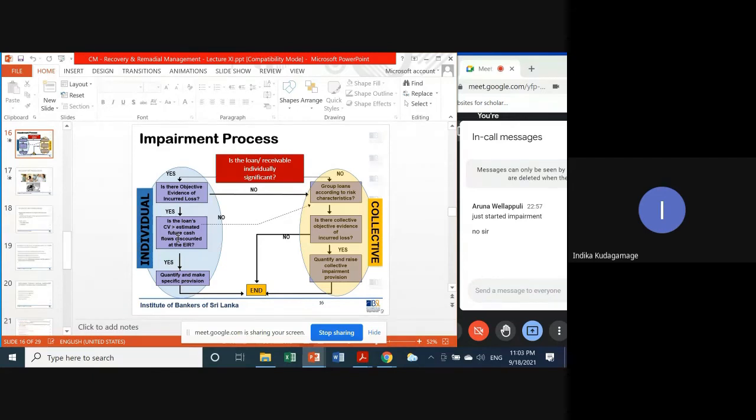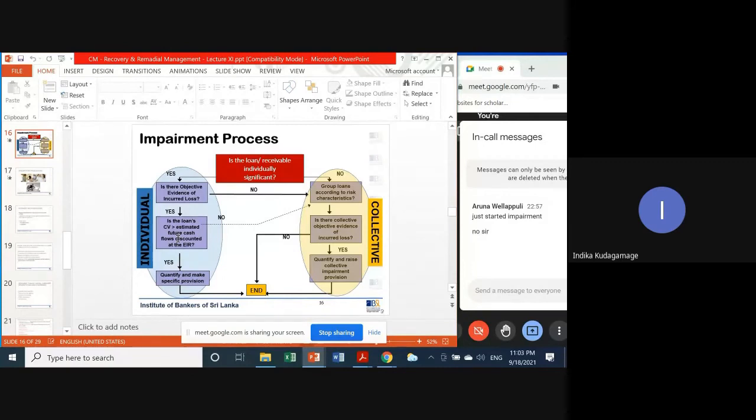Once the cash flow is predicted, using the facility interest rate or lending rate, you discount the future cash flows to today's value. Find the present value. Right? Once you find the present value, subtract the outstanding.